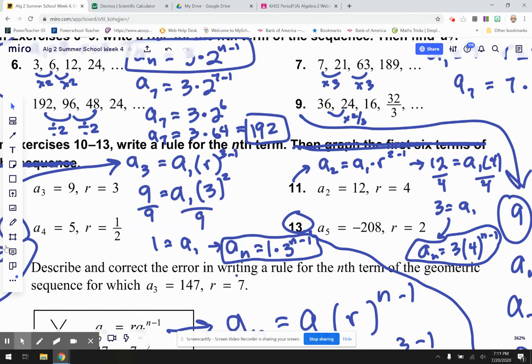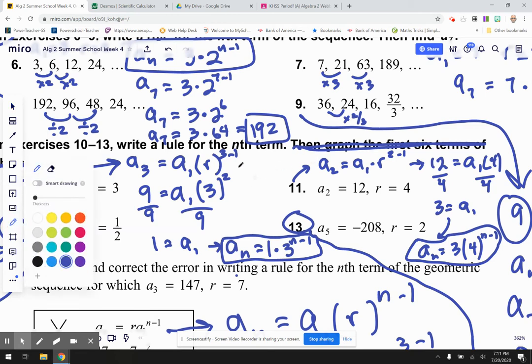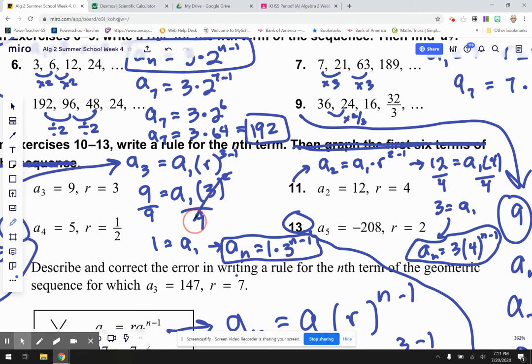Because when I divide by 9 on both sides, that means these cancel out right here. And you just have a1 equals 1. So now I can make my rule because I know a1 is 1. I know my ratio is 3. They gave me that. So 3 to the n minus 1. Just plug it into my formula and leave a sub n there. So that's your rule. So you just have to find a1.